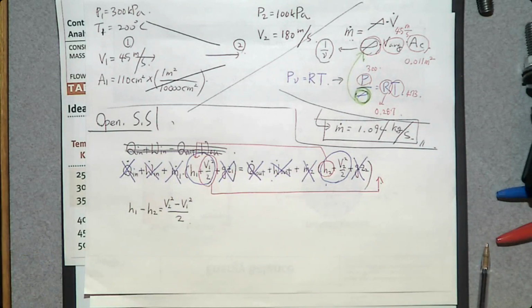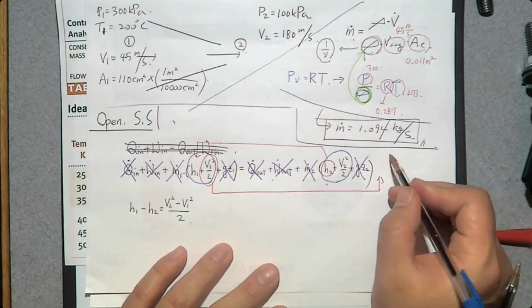Then we know the inlet velocity 45 and the exit velocity 180. So the question is, can we determine h1 minus h2? If you have a pure system like this, air, how can we determine h1 minus h2?